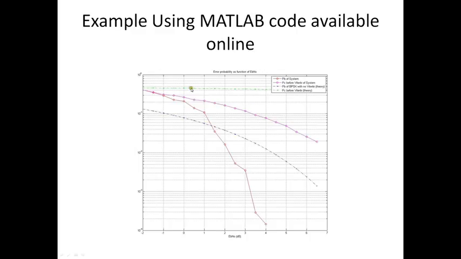These two top lines are the probability for a generated signal and a theoretical signal, and these two lines here are after the Viterbi algorithm. So as you can see, the Viterbi algorithm makes the error probability significantly smaller than a signal without it.